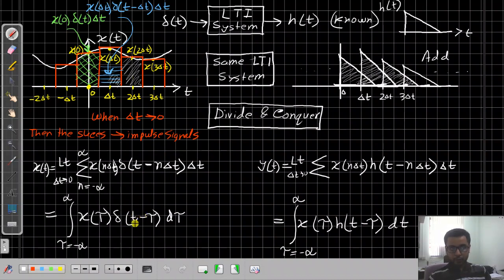And if you calculate the sum of the responses due to individual delta functions, you get the total output. I think an analogy might help you in understanding and remembering this idea.